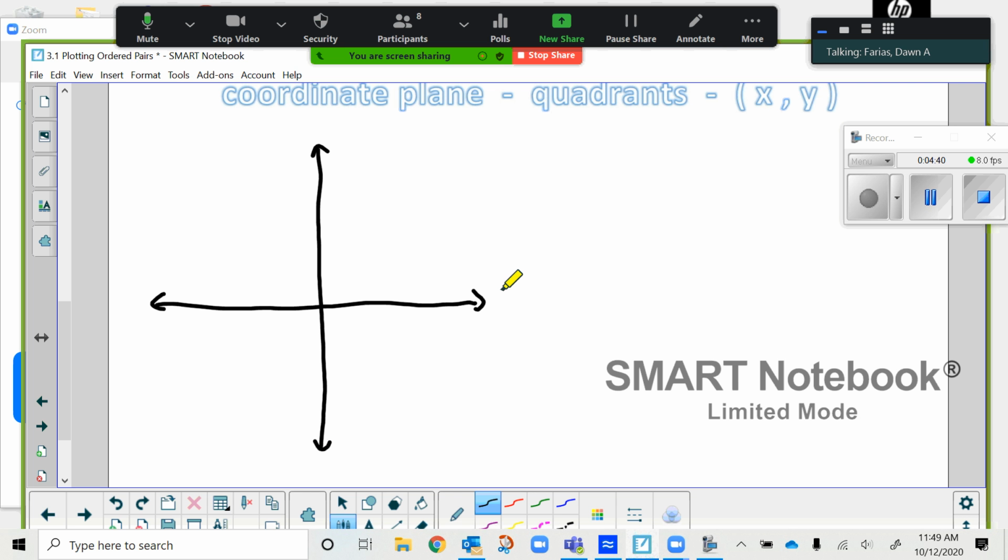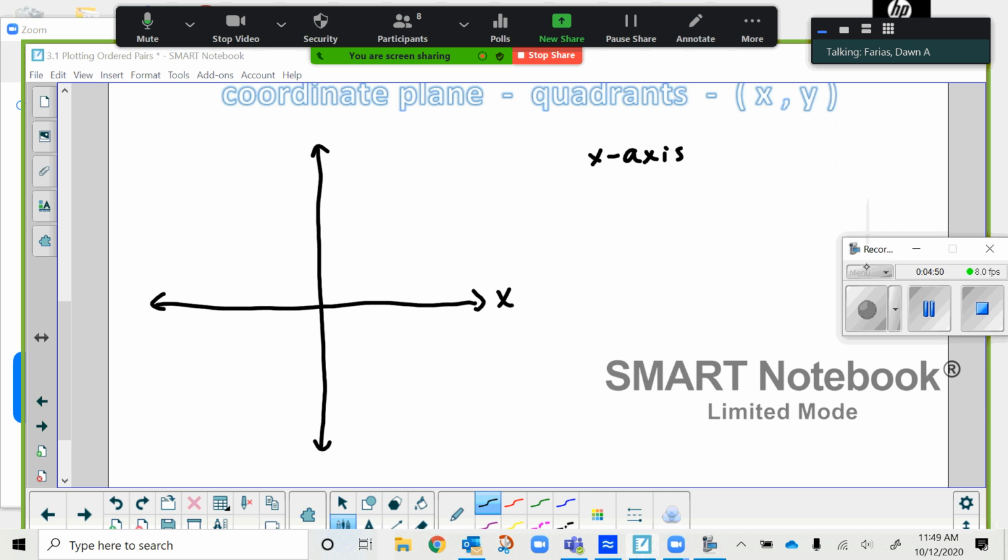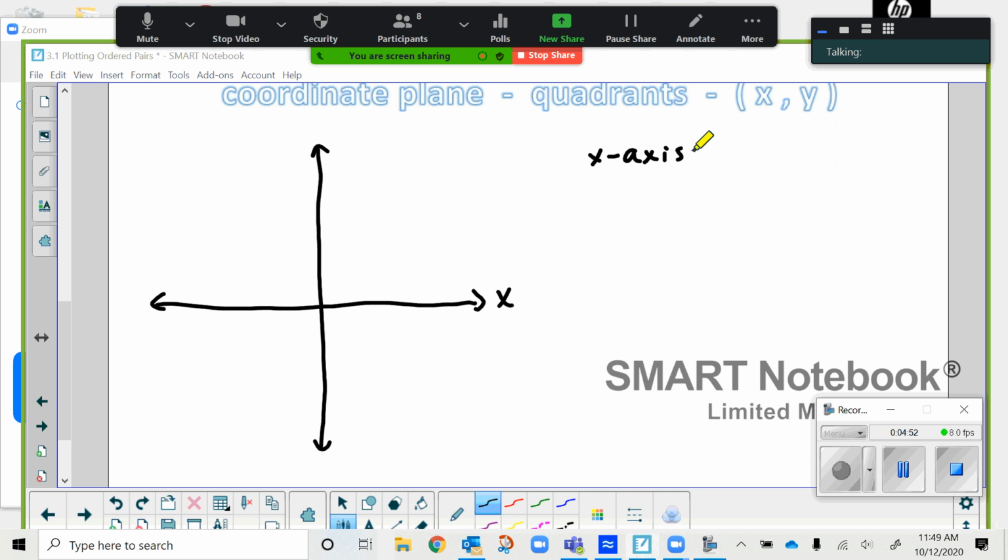This one right here is what we call the x-axis. So some vocabulary words. The x-axis goes horizontally, right? Left to right. Left to right. Or you might want to use the word horizontal.